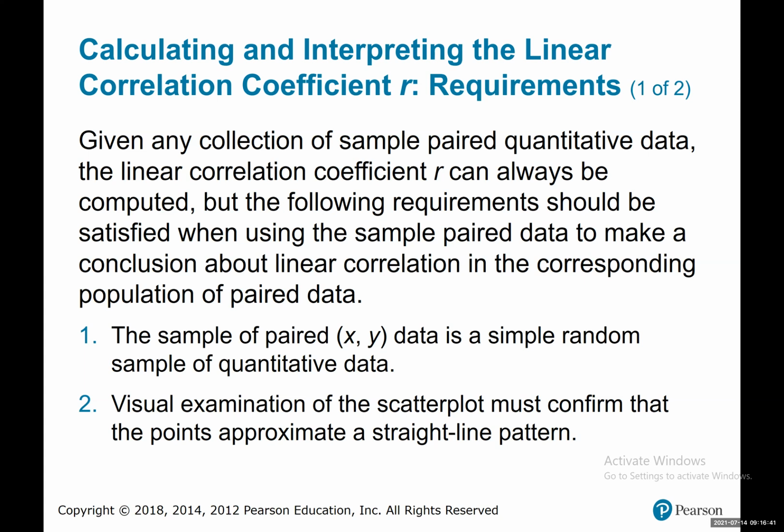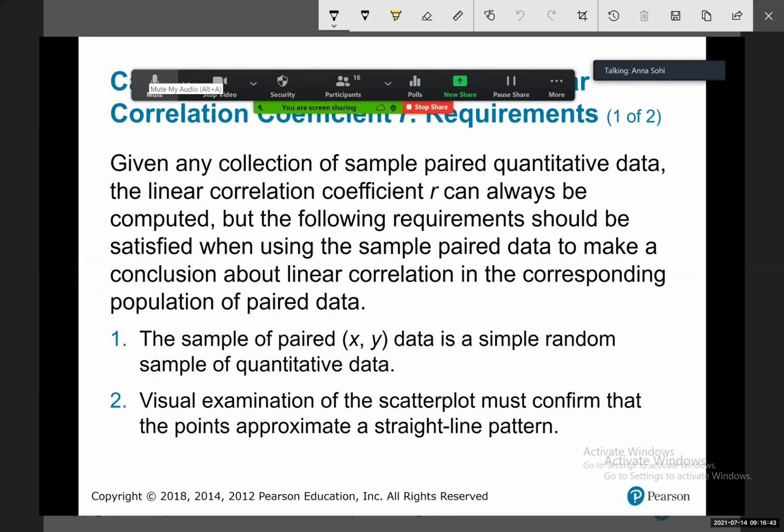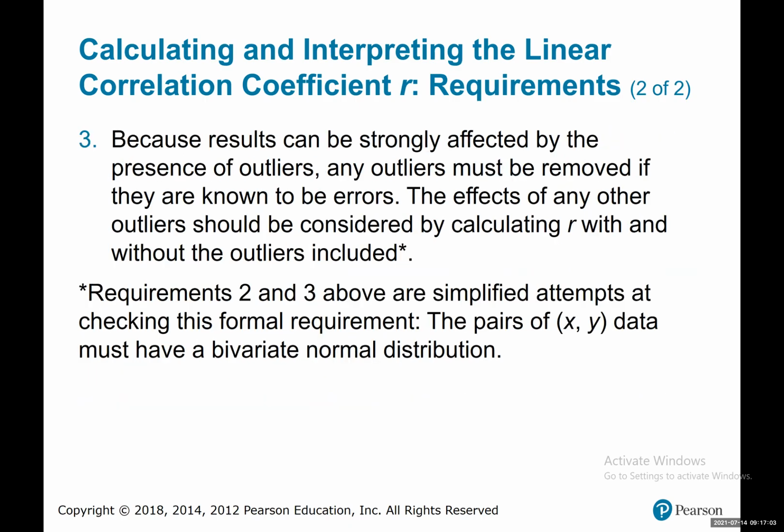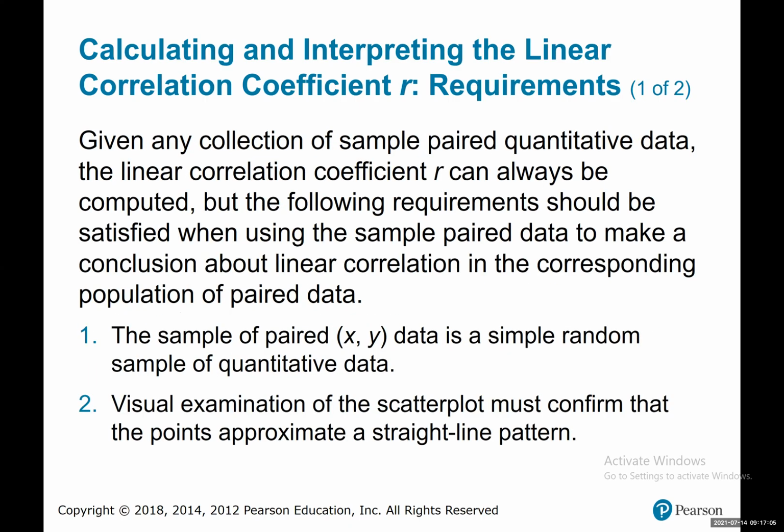Please make sure that if you are using this testing, it must be a simple random sample. Plot the points and make sure the visual examination shows a straight line. So far, two things: simple random sample, and when you plot the points, it's forming a line.